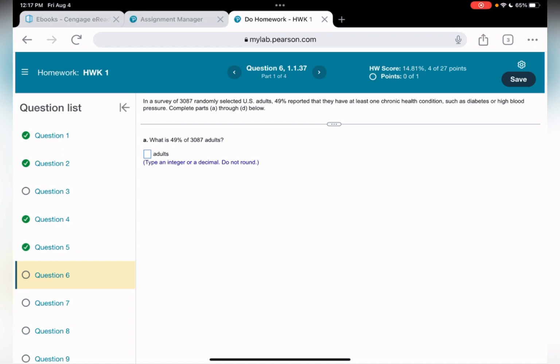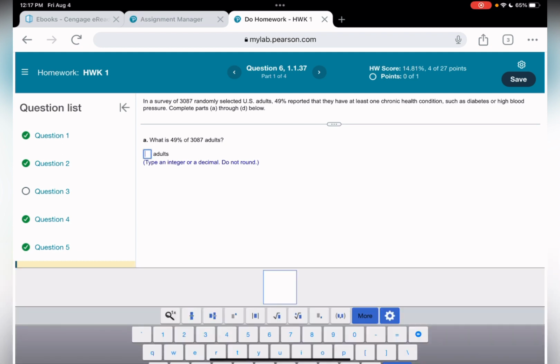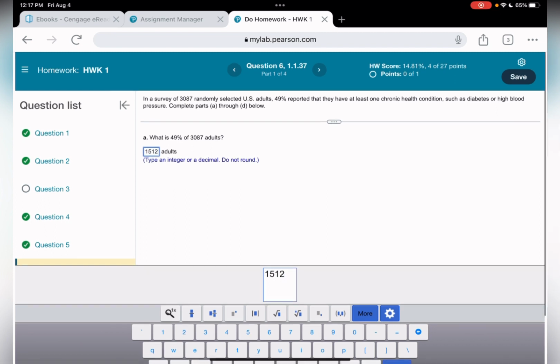How did I get 0.49? I take 49 divided by 100, because 100%, right? 0.49 times 3087, and I'm getting 1,512.